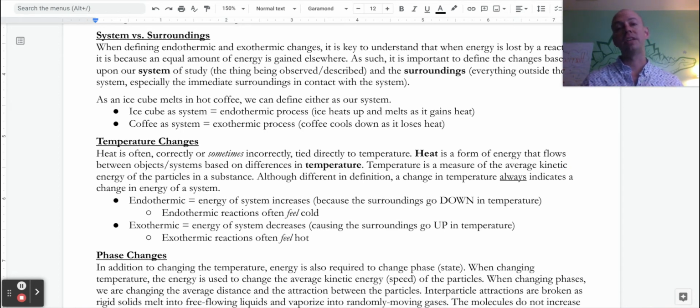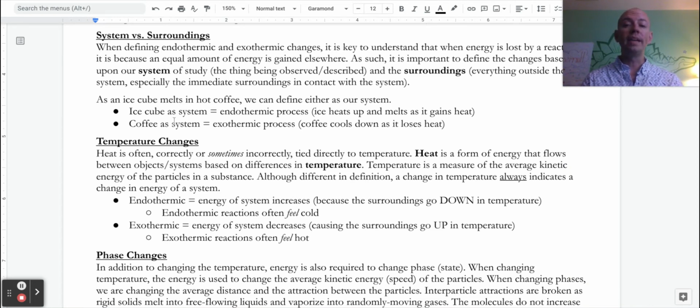In that case, it is important to understand what the thing is that we really care about. That is what we would call our system, the object that we are observing and describing. Sometimes it's a chemical reaction, sometimes it is a physical object, sometimes it's a whole series of objects altogether.